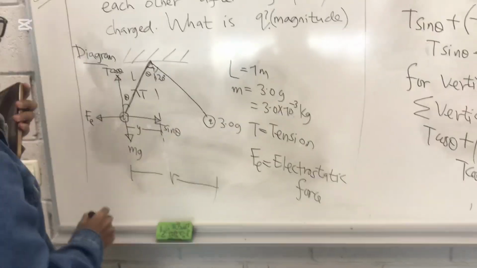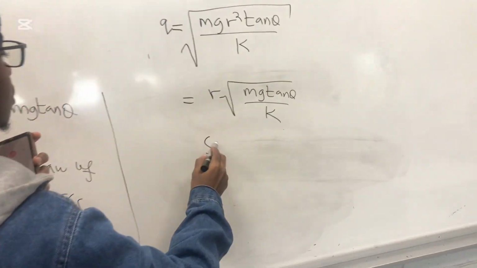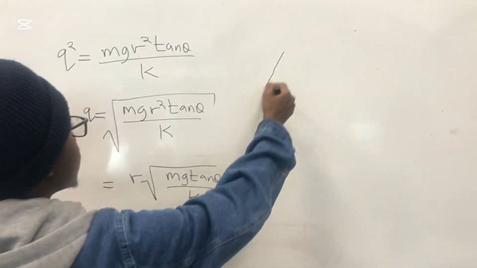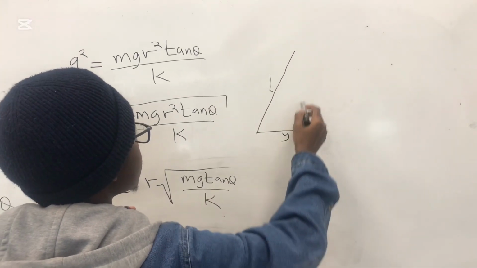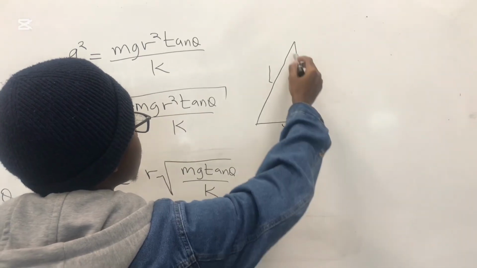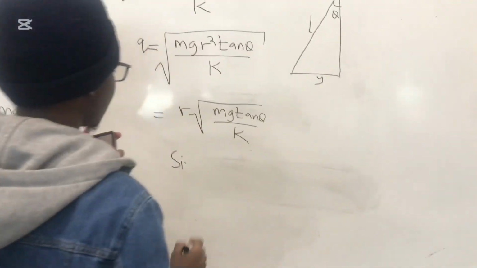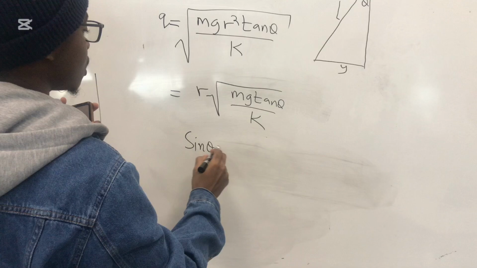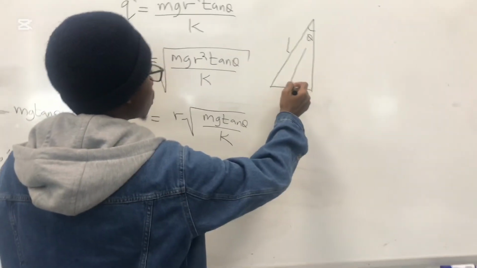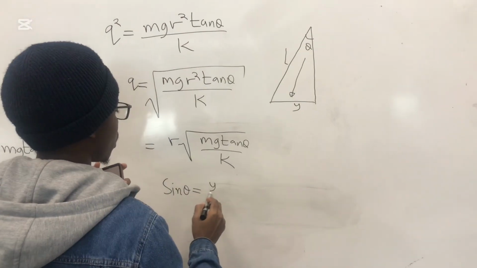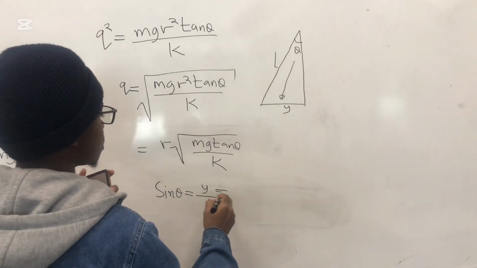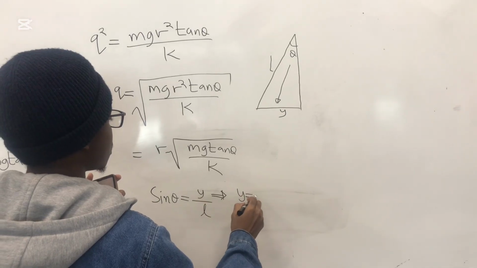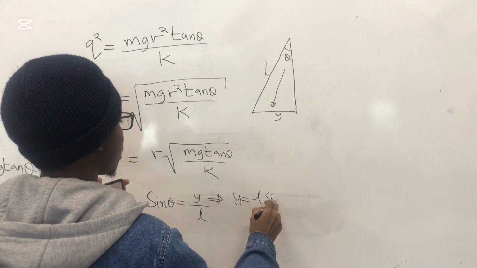So by using the sine relation, because that triangle is like this, we have this one, which is L, this one, which is y, and this one, which is angle theta. So sine of angle theta will be equal to the opposite, which is y, over the hypotenuse, which is L. So from here we can see that the value of y is equal to L sine of angle theta.